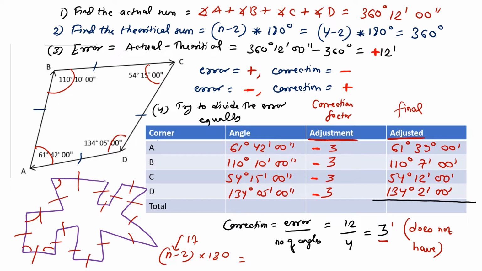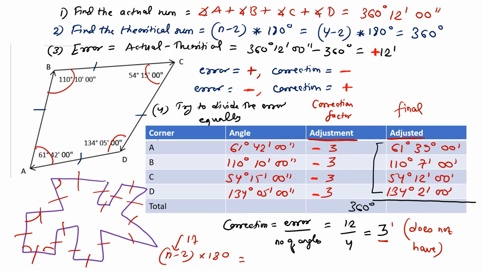And guys, one of the best things about this problem is that you can check the answers by yourself, because now you found the final values, right? If you add all these, you should get 360 degrees. So try adding all these values. In the exam, just spend some time checking your answers. Don't just solve it and submit your work. Check it, recheck it, because we are humans and we make mistakes.